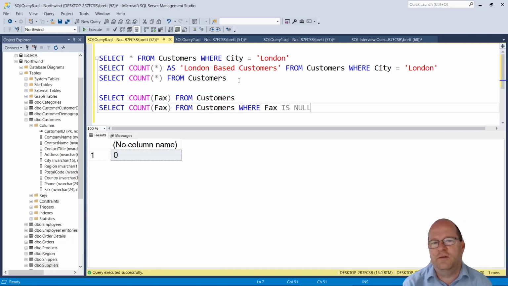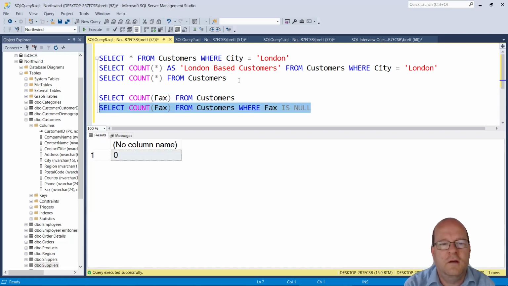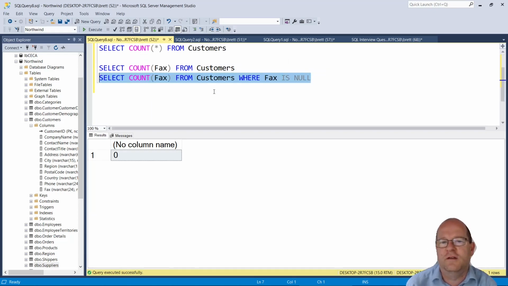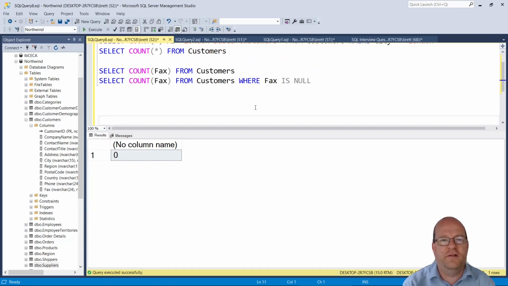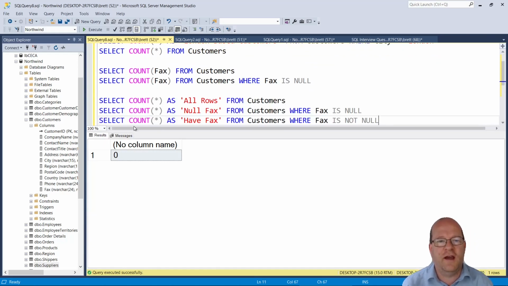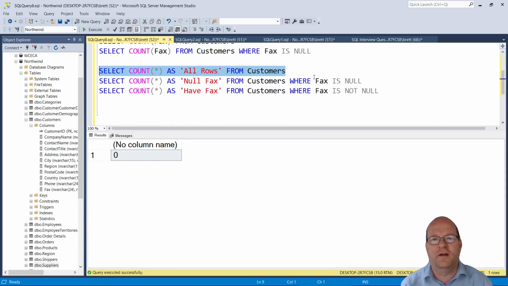We can't actually use this either, WHERE facts is null. That won't work either. There clearly are ones where the facts is null, but you cannot count using the null clause. The correct way to do this is to use COUNT(*) and then put in a WHERE clause. So COUNT(*) with no WHERE clause will return all of the rows. So there's 91 rows.